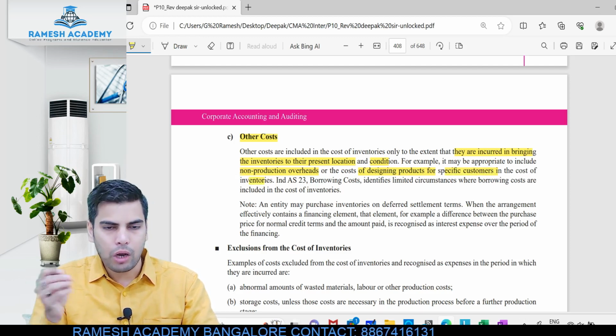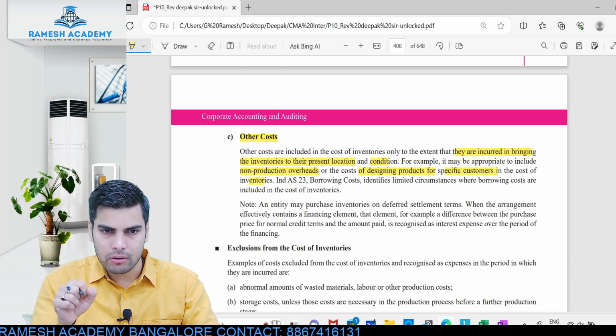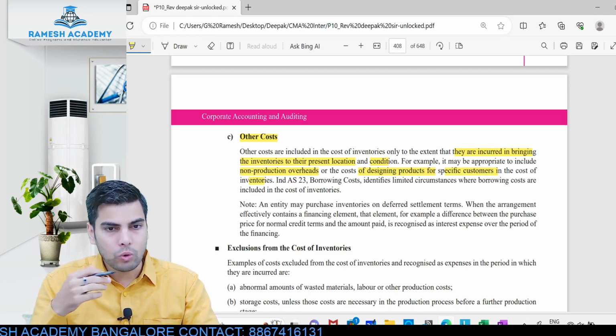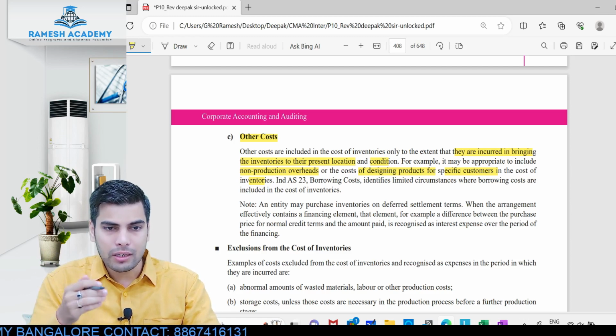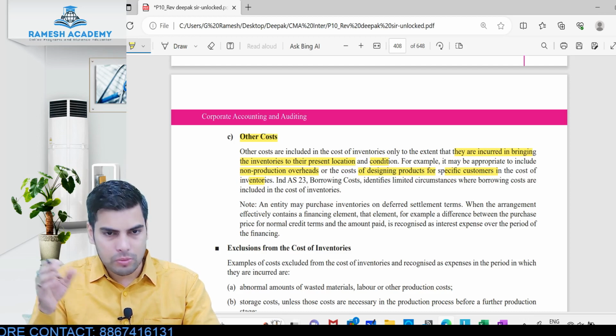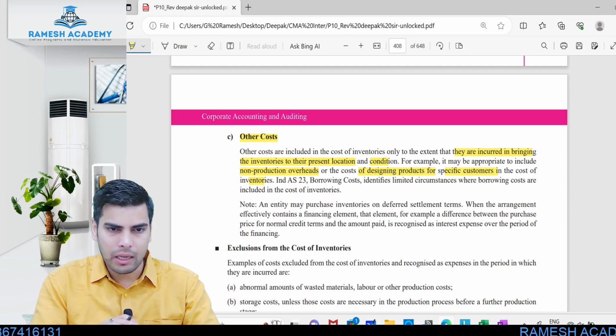Now let's say one particular person placed an order for a customized product. So we want to produce the goods as per his requirement. So we appoint a particular designer who will be designing the product according to the specification of that person. So the amount I pay to the designer, even that would form part of the cost of my inventory.